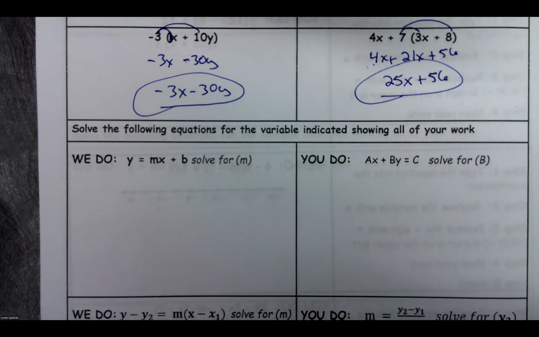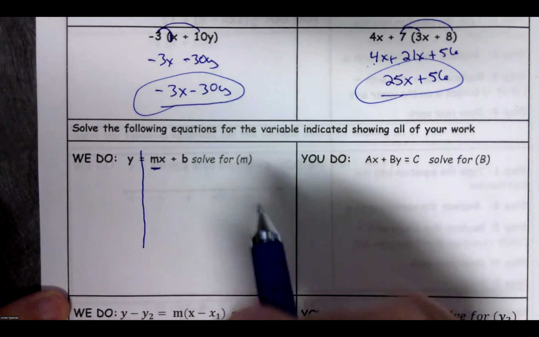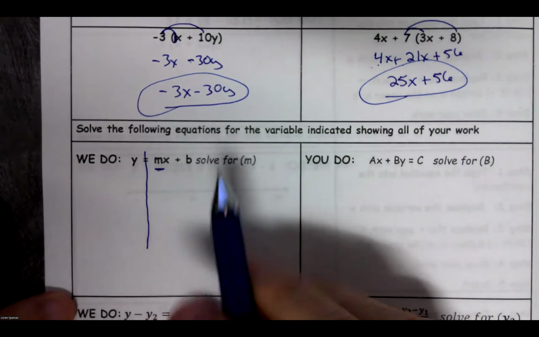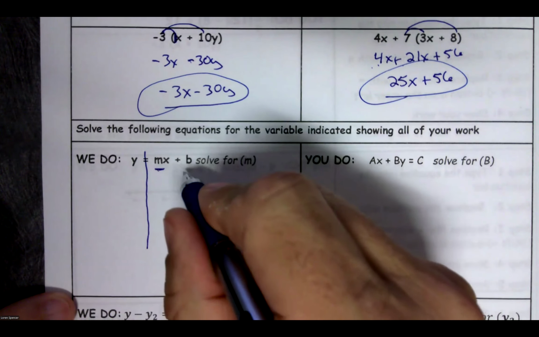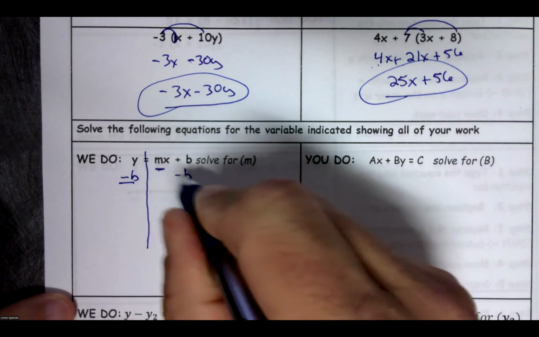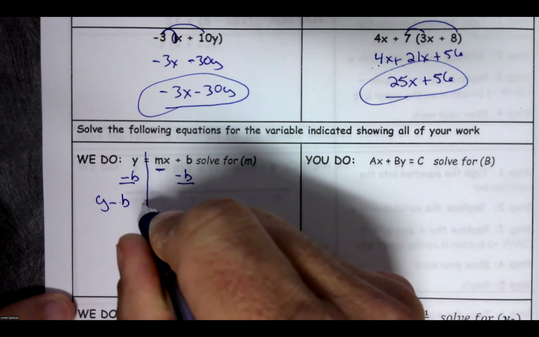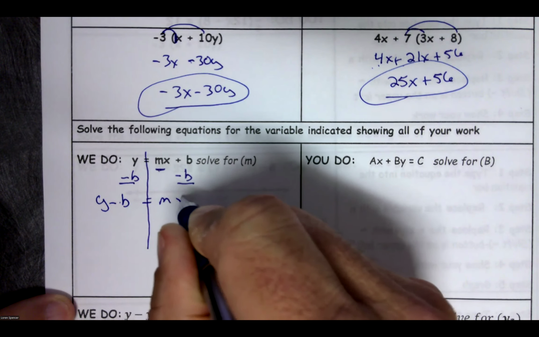We're going to solve some literal equations. This says solve for m. So this is what I'm looking for. Always move the terms with the plus or minus first. So in this case, we're going to subtract b. Now I have y minus b equals mx.